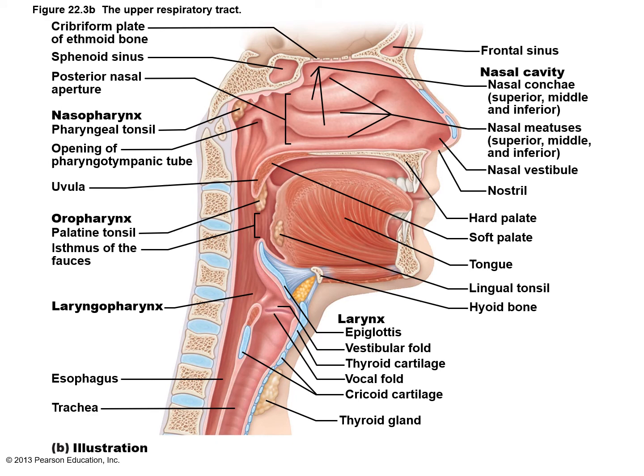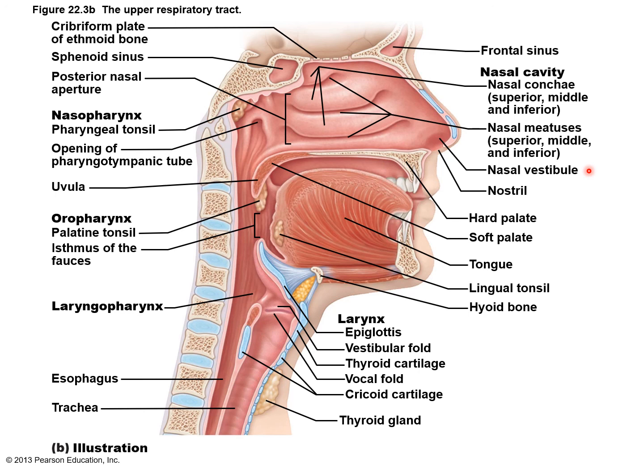Now, if we look at this image right here, we see, of course, our nostrils, where the air enters. Right above it, there's a region known as the nasal vestibule, a cavity superior to our nostrils.